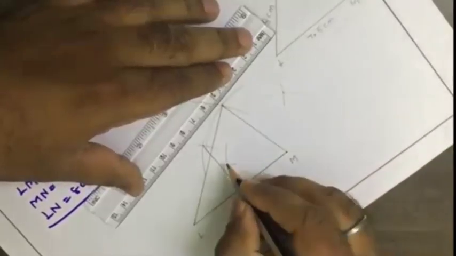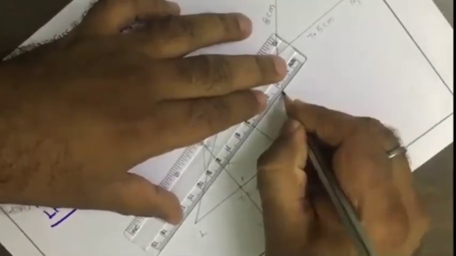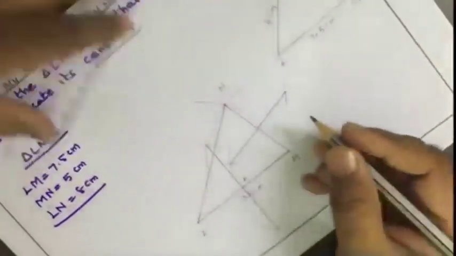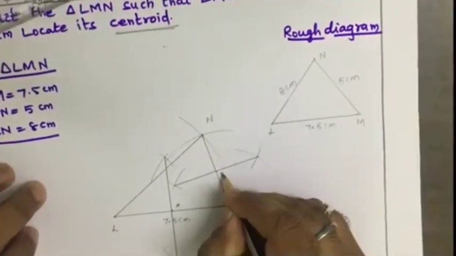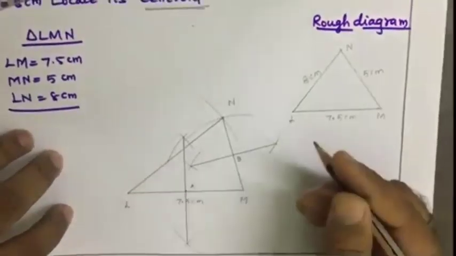Now join the intersect points of the two arcs, that is another perpendicular bisector, the perpendicular bisector of MN. That is also the midpoint of MN. We write any name, A, B, any one.